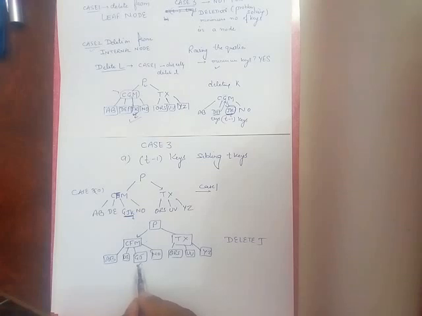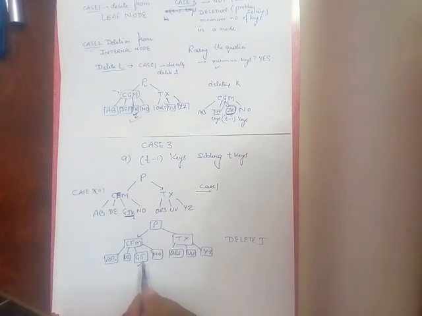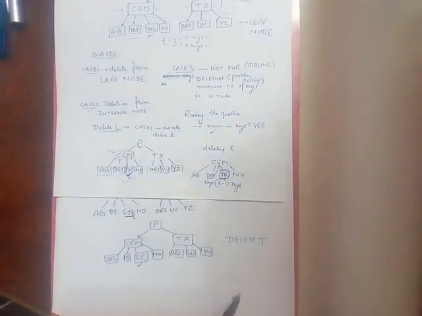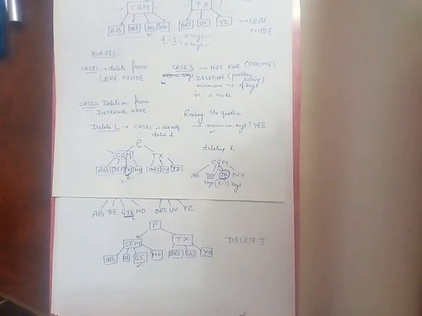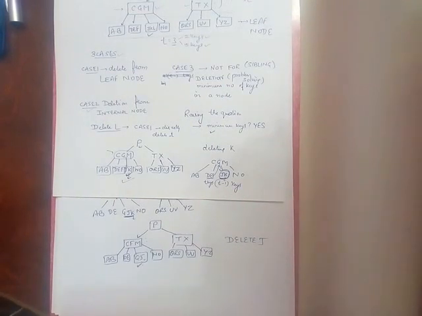Then we have to first solve the problem with this particular node, that is we have to bring one extra key into this node so that we can easily delete J. For moving a key here, we use case 3, which is not for deletion but for problem solving.